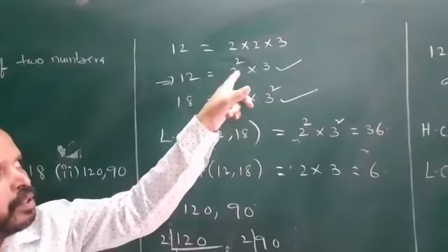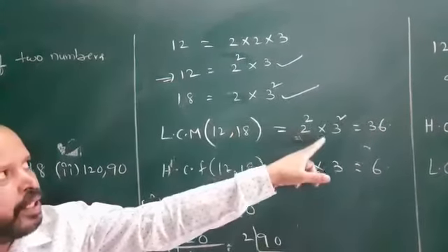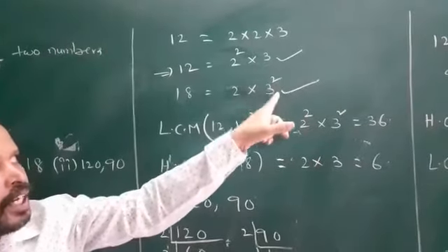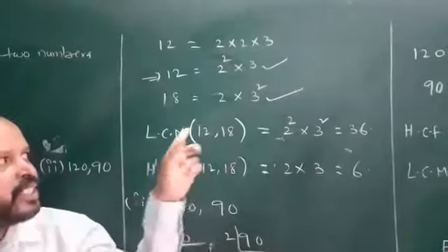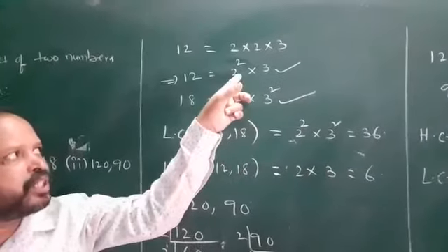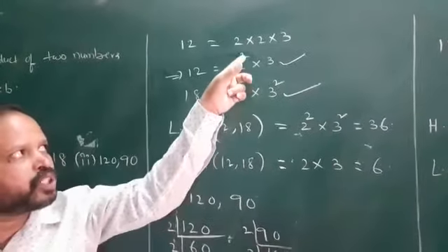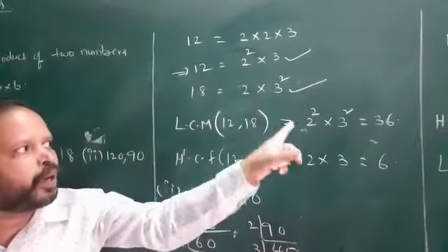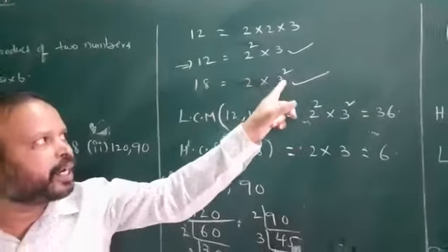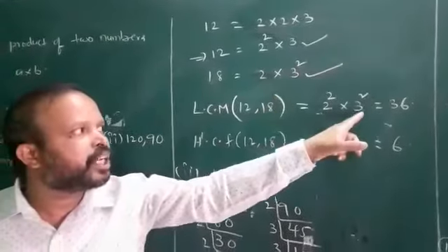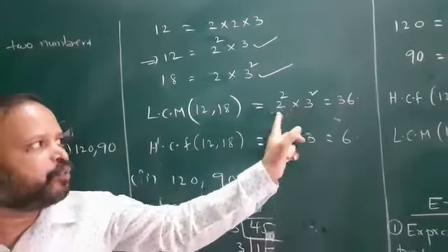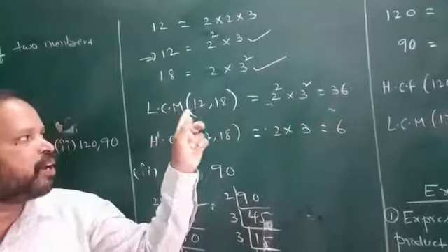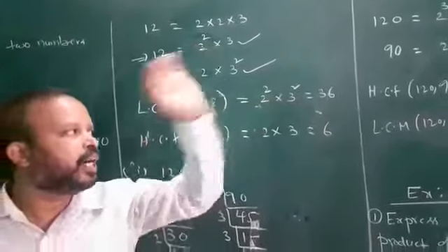That's why we take 2 square. Here 3 square, so you have to take 3 square. 2 square means 4, 3 square means 9. 9 into 4, 36. So LCM of 12, 18 is equal to 36.